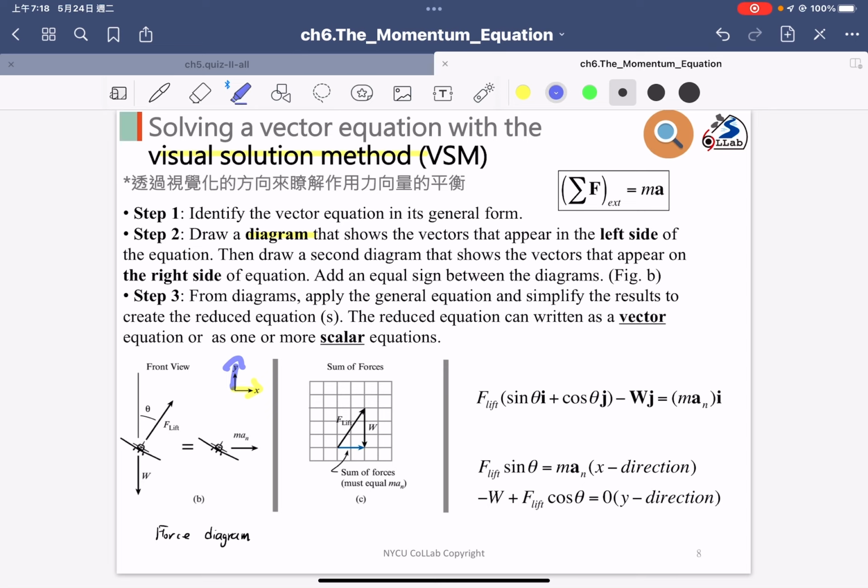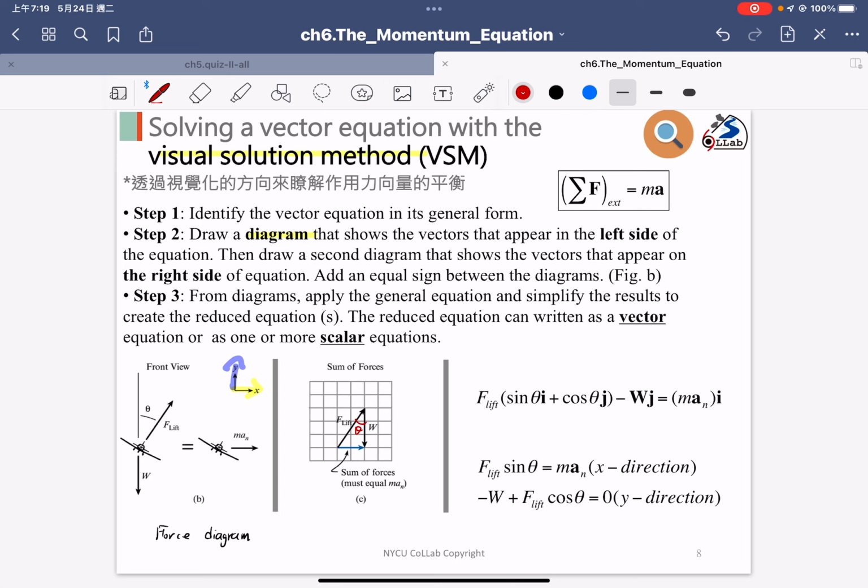Here we know that we have the lift force, and then we have the angle theta. Okay, and then we will project the lift force. Sorry, here the theta is the angle with the vertical line.